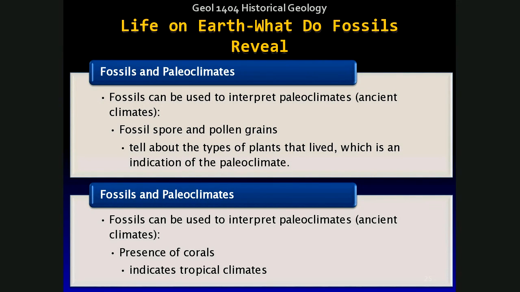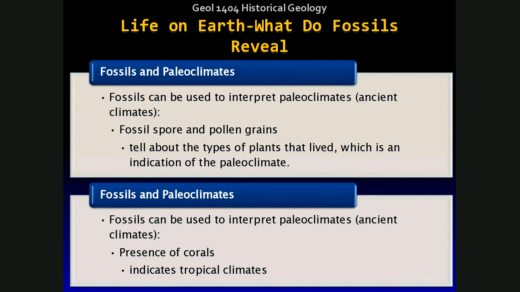So if one can identify the type of plant that produced a particular type of pollen grain, then these pollen grains indicate the climates that existed when the plants that produced a particular pollen grain fossil lived.